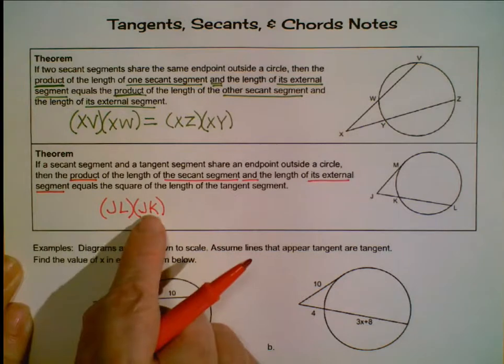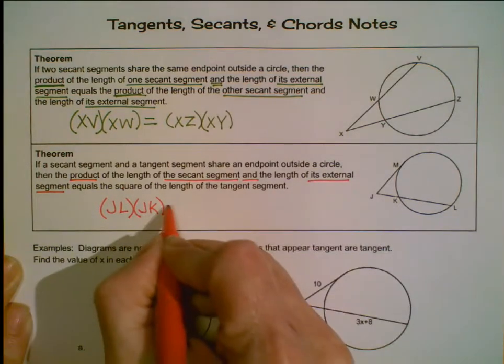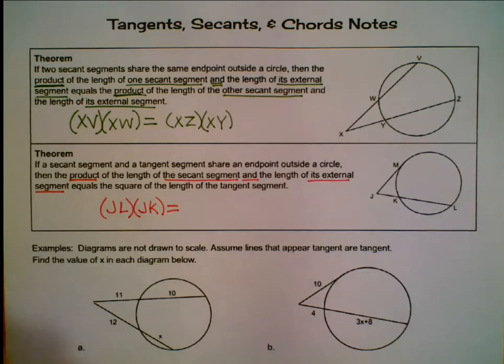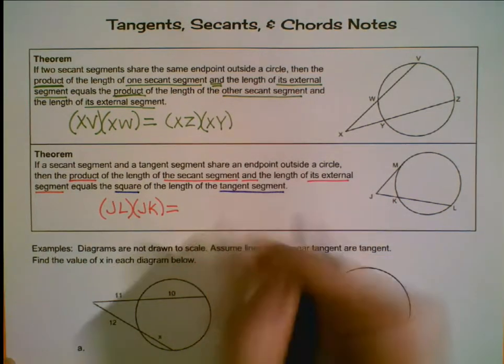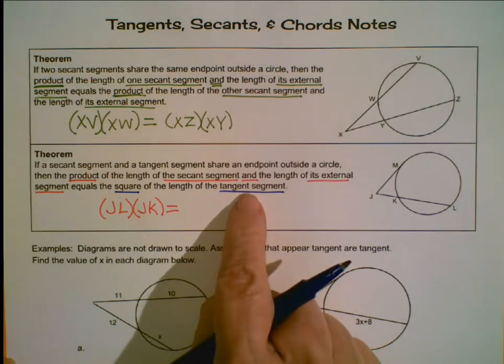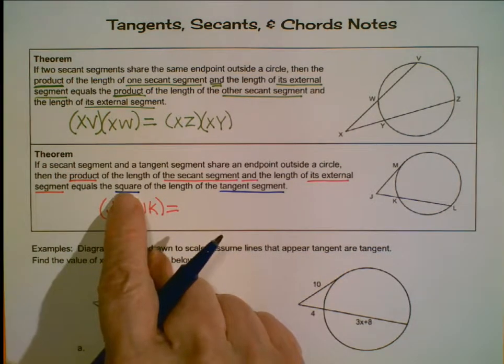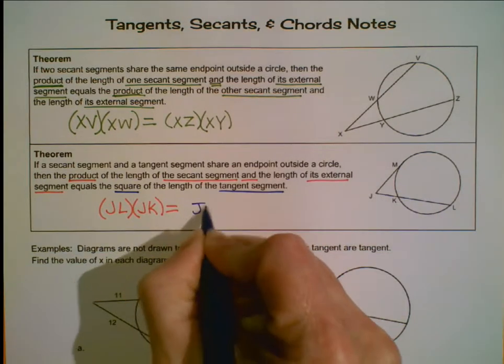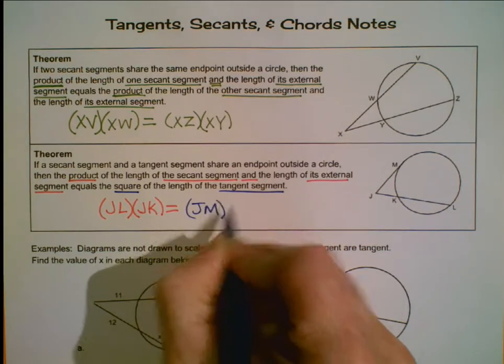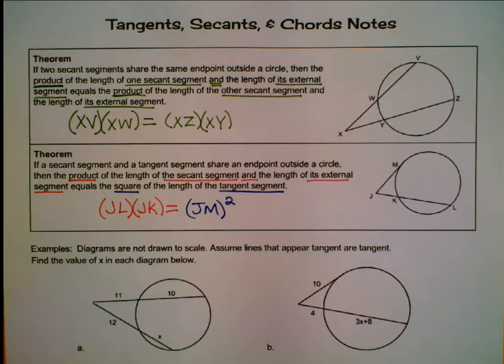Equals, now let's deal with this other part. The square of the length of the tangent segment. So we're taking whatever this length is and squaring it, multiplying it by itself. So here our tangent segment is JM, whatever that length is, squared.